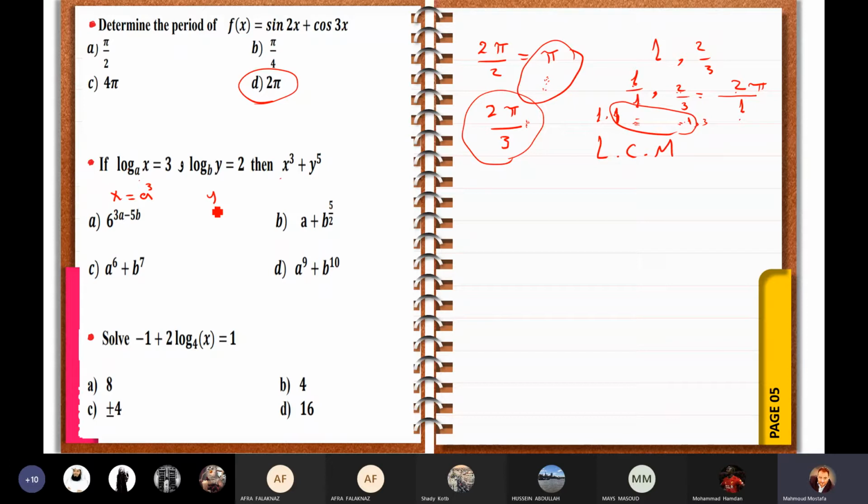And y equals b to the power 2. We need x cubed, which is a cubed to the power 3, plus y to the power 5, which is b squared to the power 5. 3 multiplied by 3 is 9, and 2 multiplied by 5 is 10. So we have a to the power 9 plus b to the power 10.